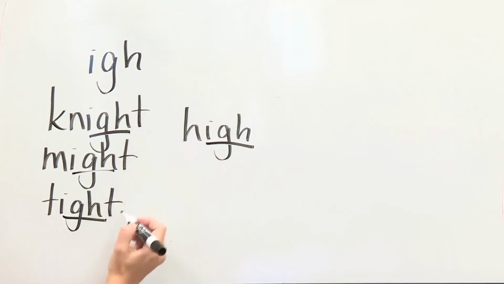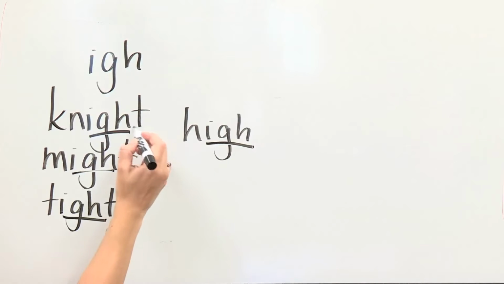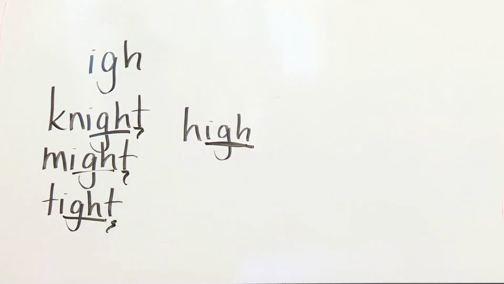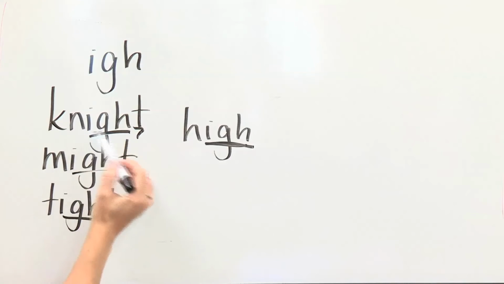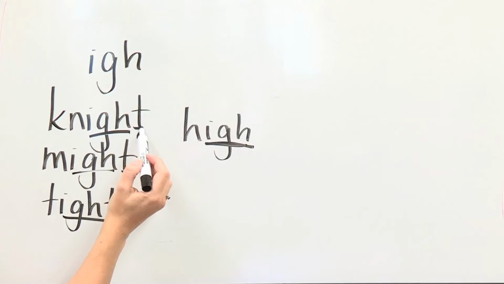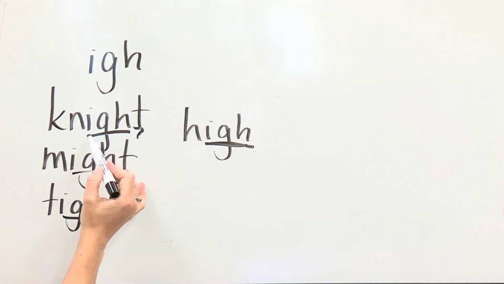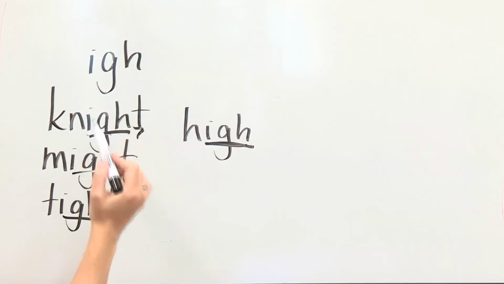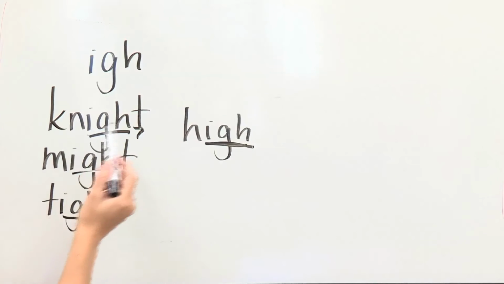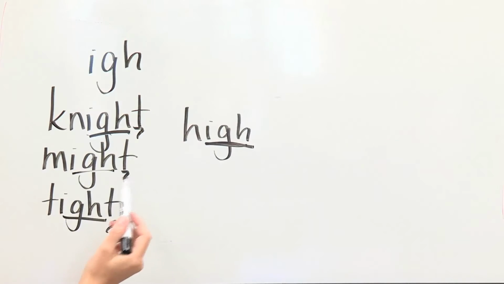And if you notice with these three, they all have a T. And this one doesn't. But this is actually a rule that you can teach your students. When you have a word that has a long I sound in the middle of the word, but it ends with that T phoneme, typically, most of the time, the long I is spelled IGH. So all three of those letters together make the long I sound. Night, might, tight. All right.